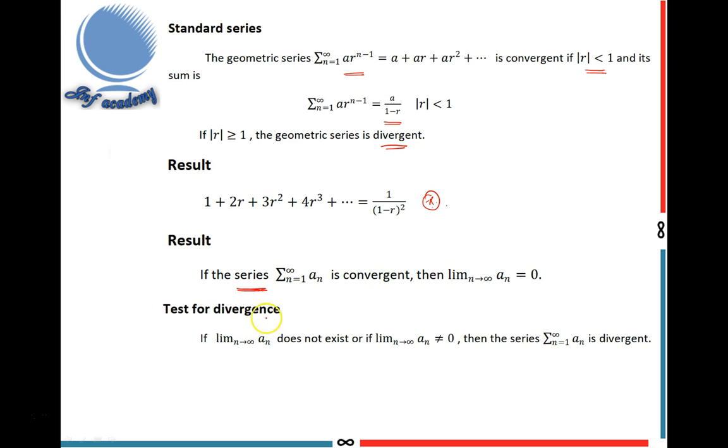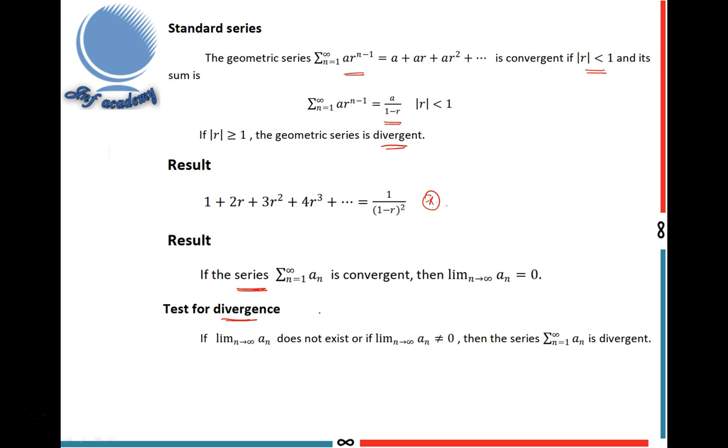So the test for divergence says: if limit n tends to infinity an does not exist, or limit n tends to infinity an is not equal to 0, then the series sigma n equal to 1 to infinity an is divergent. It is a very important test for divergence.